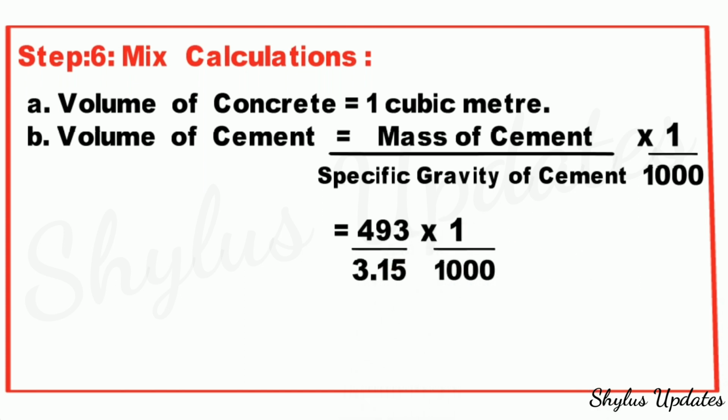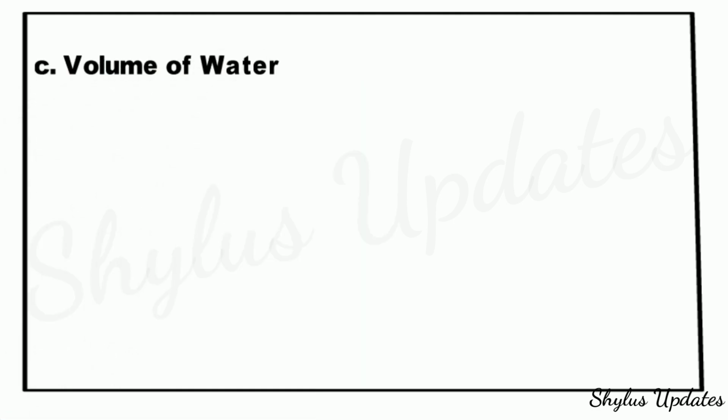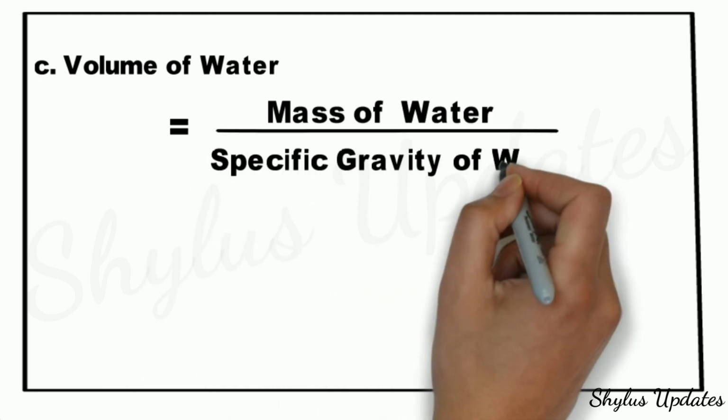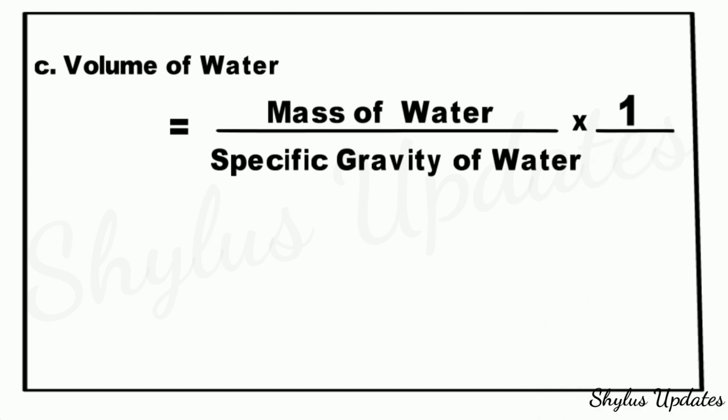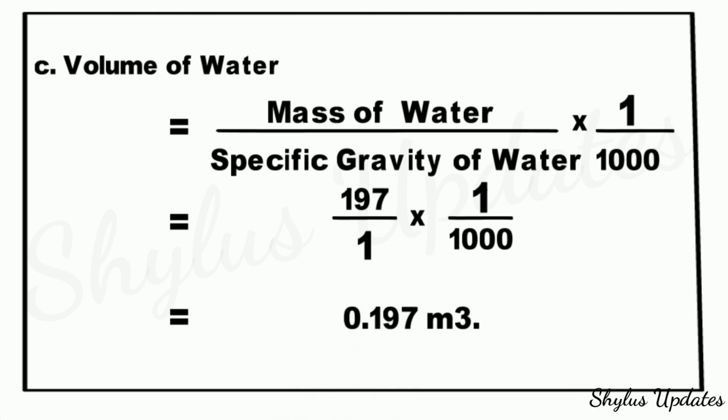So we get the value 0.156 meter cube. Volume of water is equal to mass of water upon specific gravity of water into 1 divided by 1000. Now substitute those values. 197 upon 1 into 1 divided by 1000. So we get the answer 0.197 meter cube.